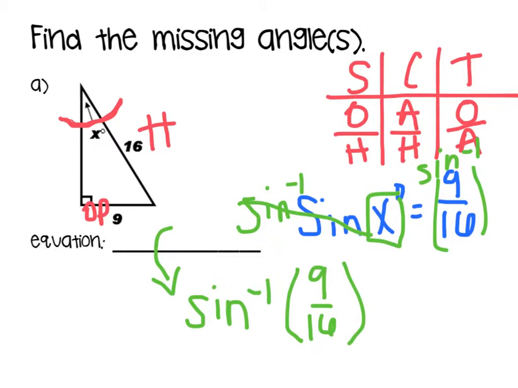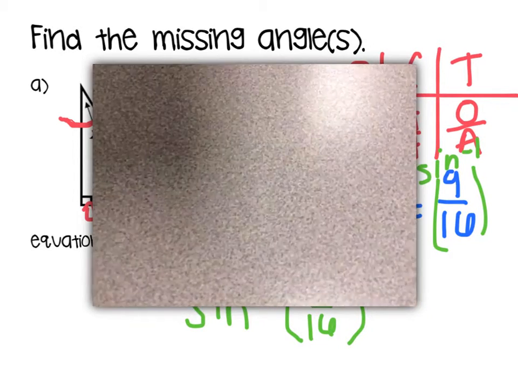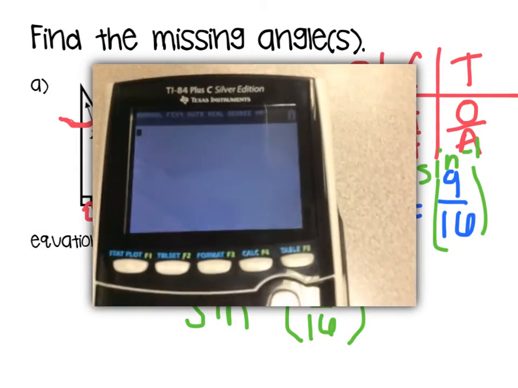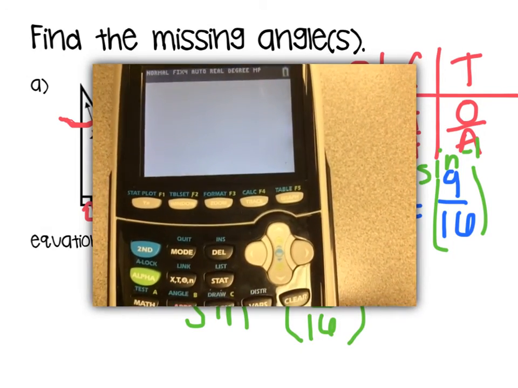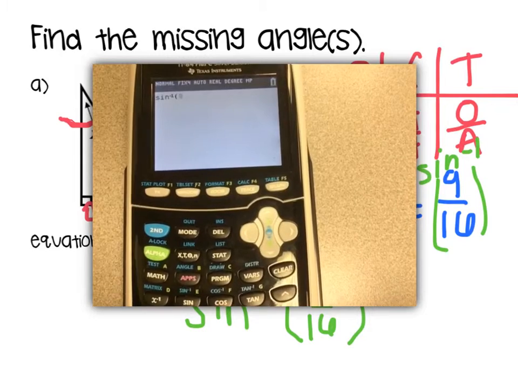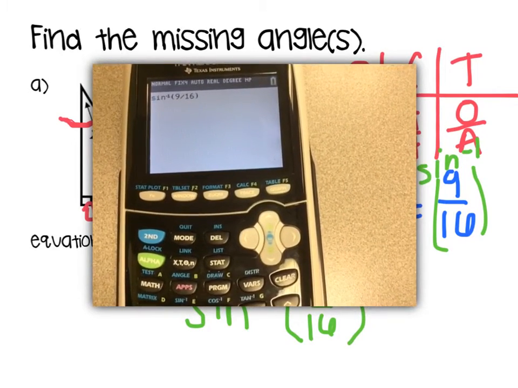Let me show you what it looks like on the calculator. So on my calculator, I just said our equation is the inverse of sine, so I hit second sine. Then I have my opposite, which is 9, divided by my hypotenuse, which is 16.